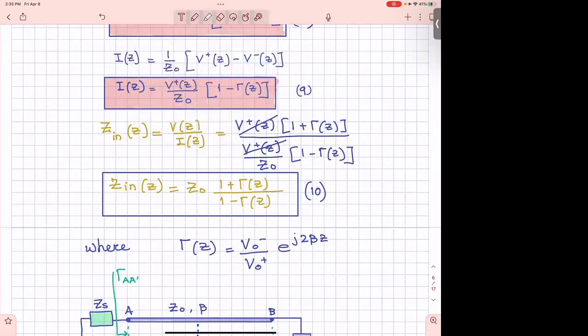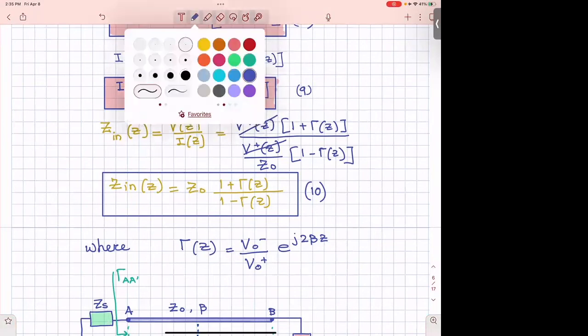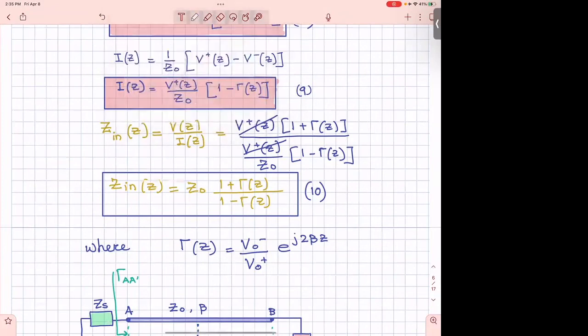This is an important expression that I want you to have in mind and always remember. This is what gives you the input impedance in terms of the reflection coefficient.